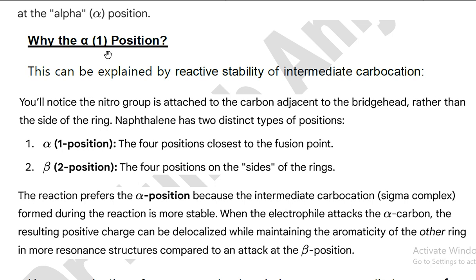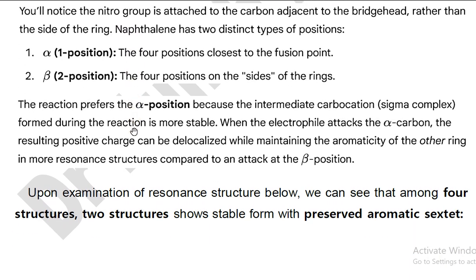It is related to the mechanism. So if we go to the mechanism, how the benzene ring of naphthalene attacks the electrophile and gives a carbocation, what is the difference between the attack at the alpha position and at the beta position?